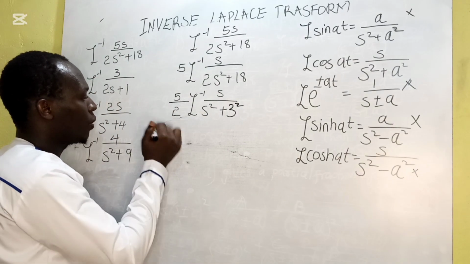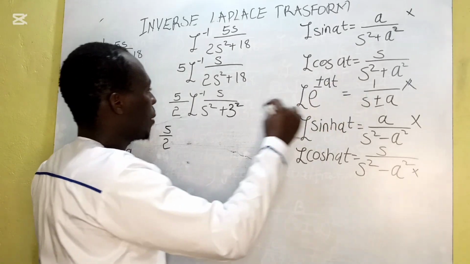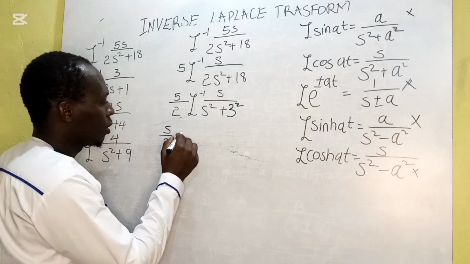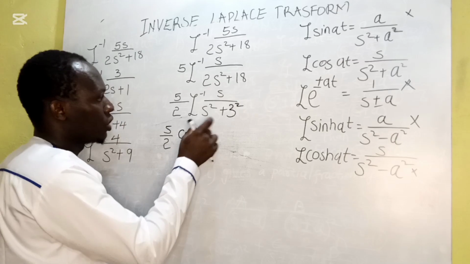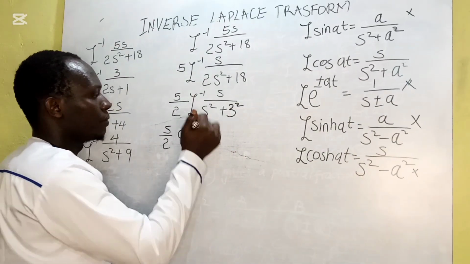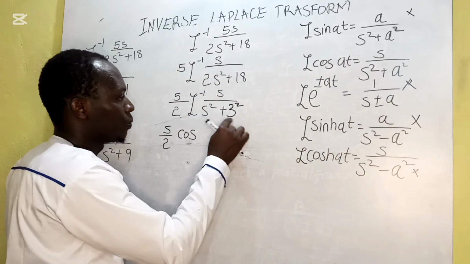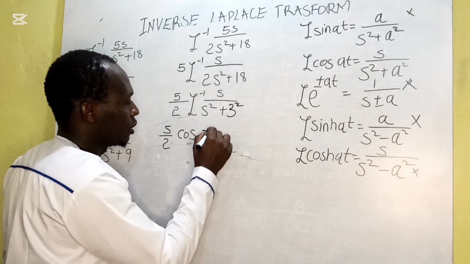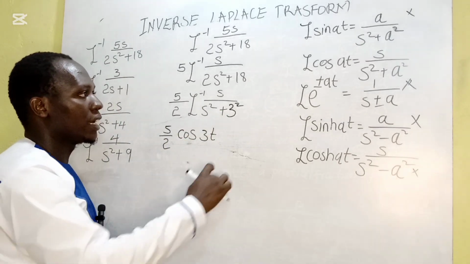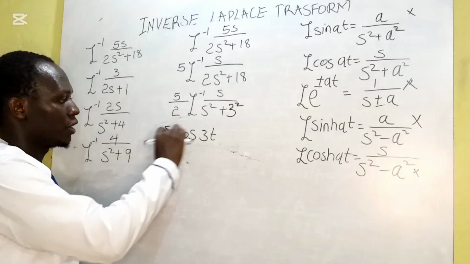To mean that now, 5 all over 2, the inverse Laplace transform here, we are going to have cos, because we are moving from this side back to this side. We are going to have a equal to 3, t. And now this is going to be our answer. This is how you go about finding the inverse Laplace transform of this function.